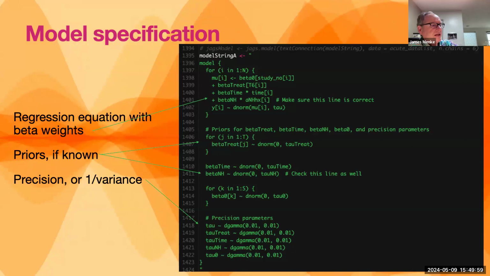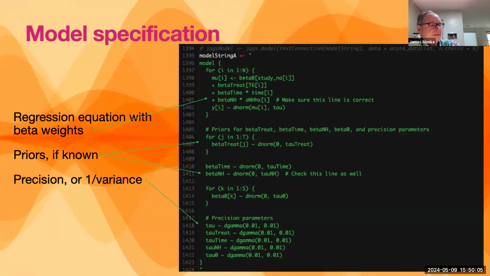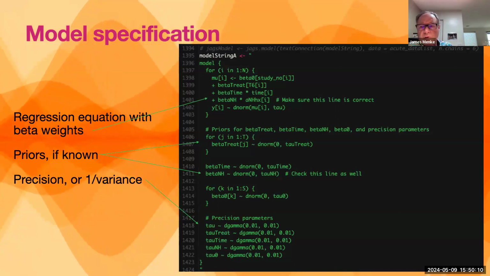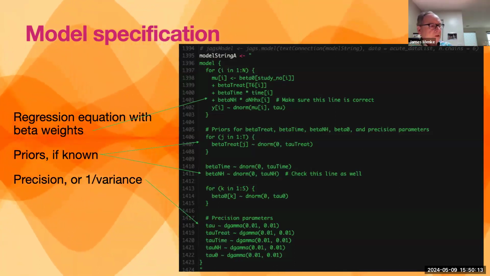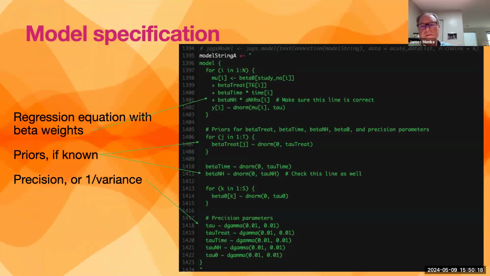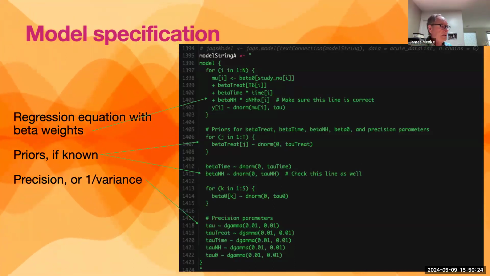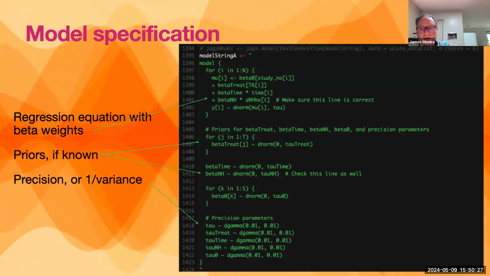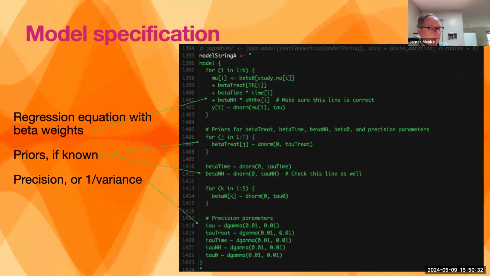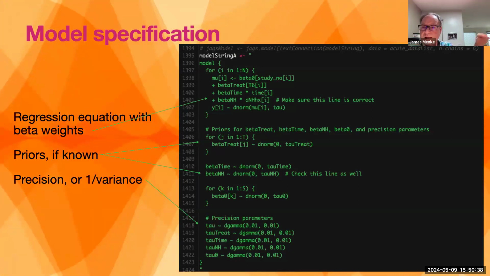But instead of beta time equals dnorm(0, tau time), that's what's called an uninformative prior. It's a 0 mean, and tau is a measure of heterogeneity or variance, depending on, they're kind of the same thing if you think about it. So all the precision parameters below are uninformative priors. They're all mean of who cares by a variance of not interested, and we're going to let the model sort that out.